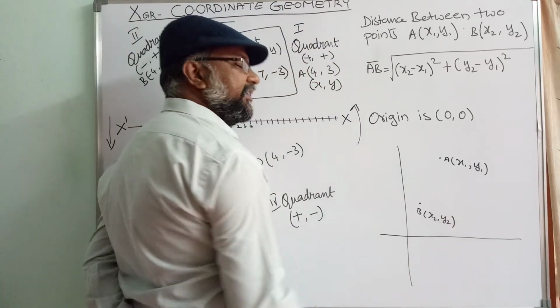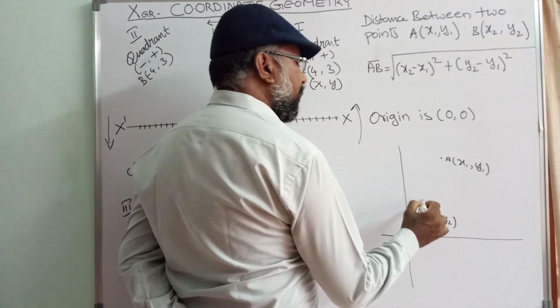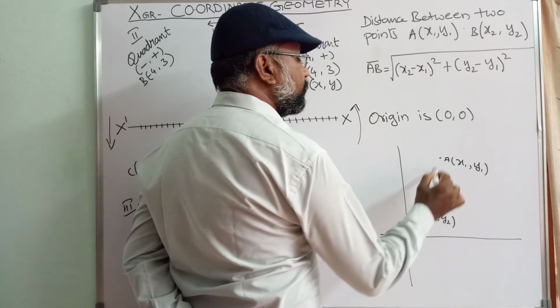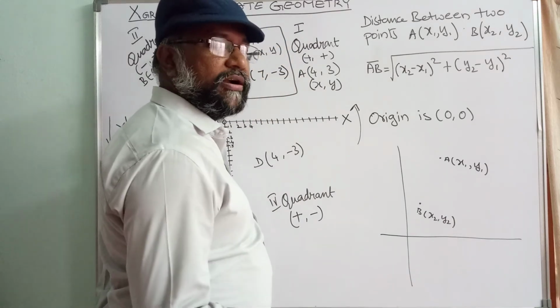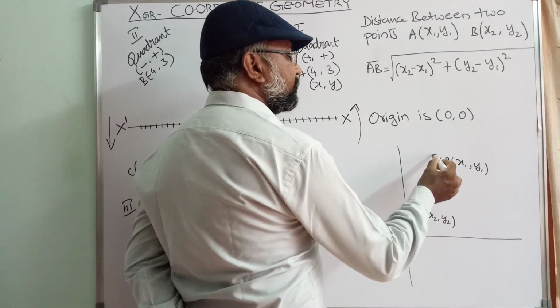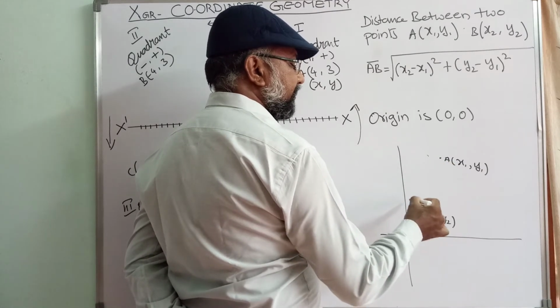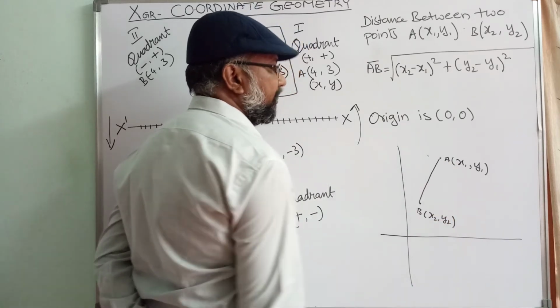If the two points are like that, what is the distance between the two points? What is the definition of distance? The shortest way. The distance could not be like that, like that, like that, but it should be the shortest way and the straight one.